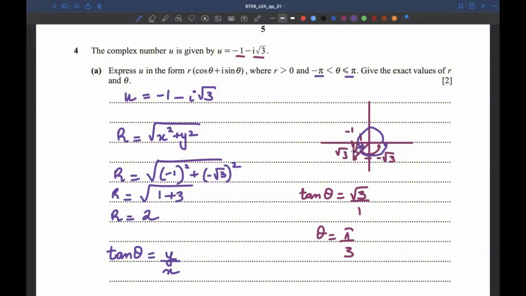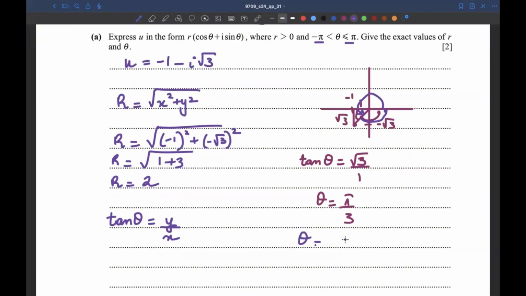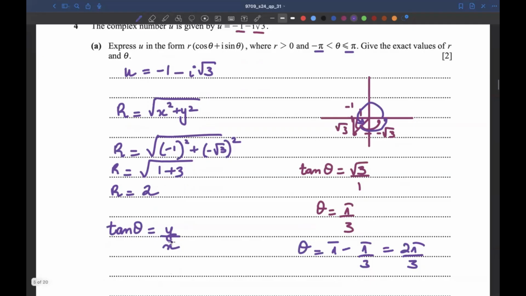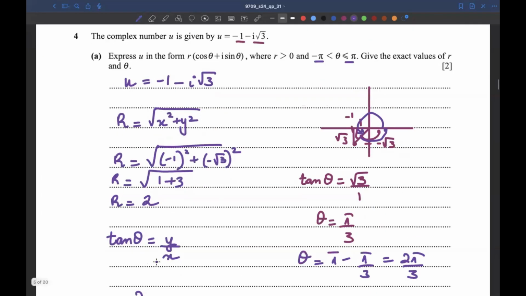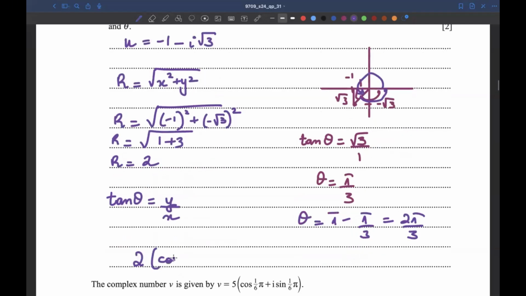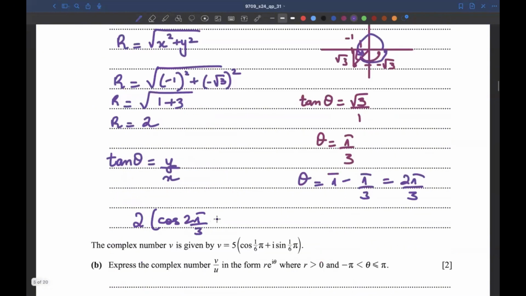This angle will be pi minus pi upon 3. So the actual value of theta will be pi minus pi by 3, which is equal to 2 pi by 3. So we have the value of r and theta. We can write it as 2 bracket cos of 2 pi by 3 plus iota sine of 2 pi by 3.